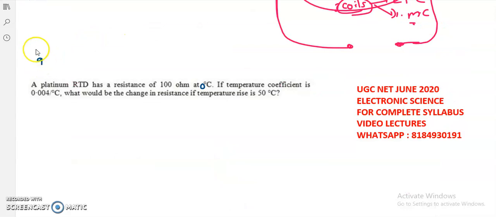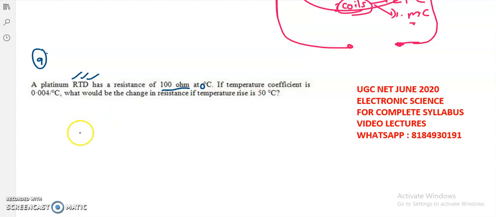And next, coming to the ninth question, here a platinum RTD, that means a resistance temperature dependent resistor, has a resistance of 100 ohm at 0 degree centigrade. If the temperature coefficient is 0.004 per degree centigrade, what would be the change in resistance if the temperature rise is 50 degrees centigrade?